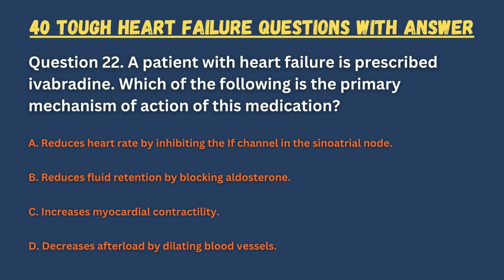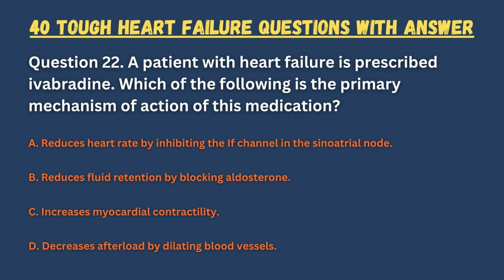Question 22. A patient with heart failure is prescribed ivabradine. Which of the following is the primary mechanism of action of this medication? A. Reduces heart rate by inhibiting the F channel in the sinoatrial node. B. Reduces fluid retention by blocking aldosterone. C. Increases myocardial contractility.